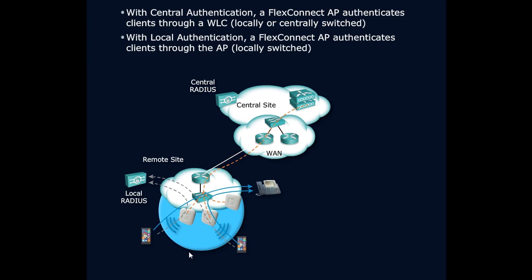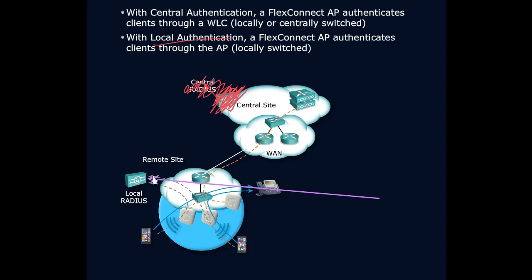So let's talk a moment about local authentication. So let's say we're not using this one. I'm going to scratch that one out. Now we are using local authentication. Let me grab an arrow. So we're using that local RADIUS server right there. This is kind of cool because we have APs here. We have clients.